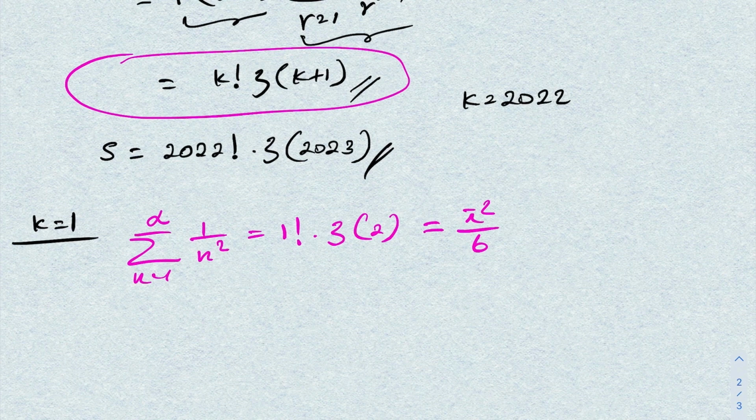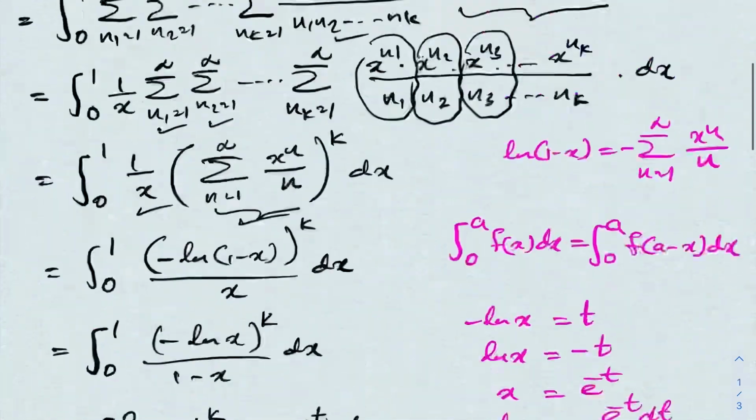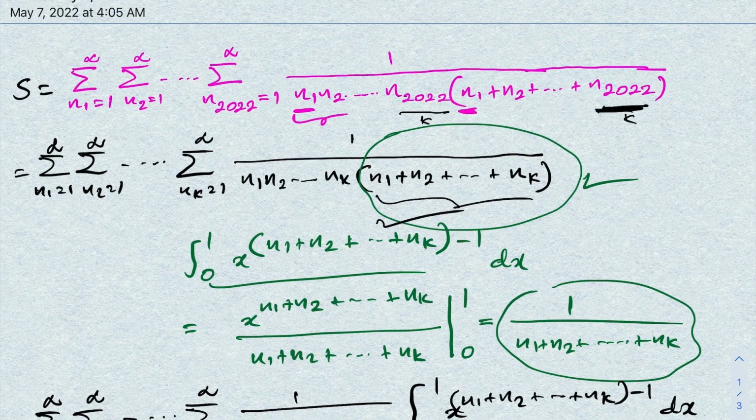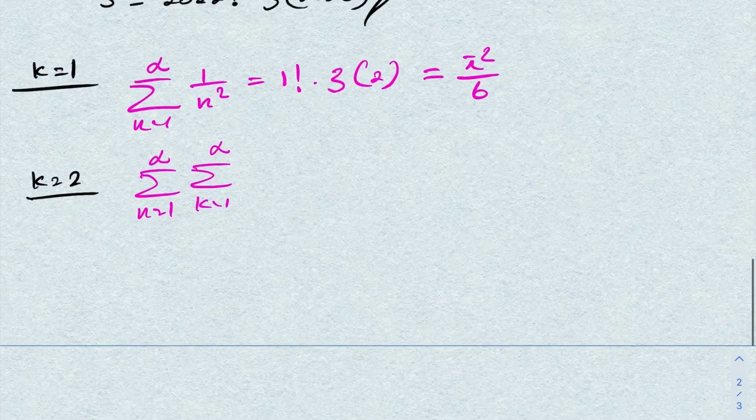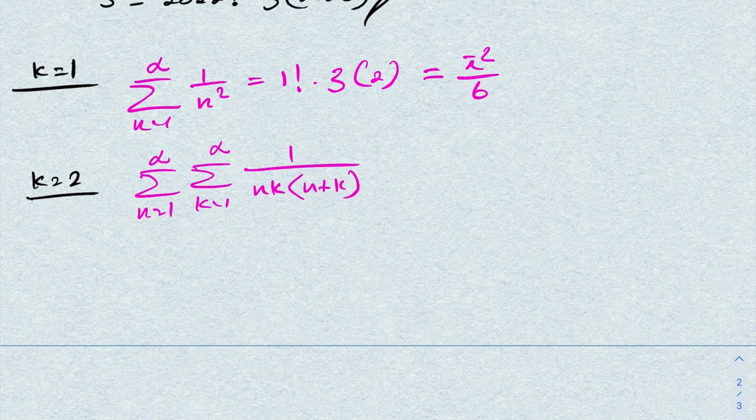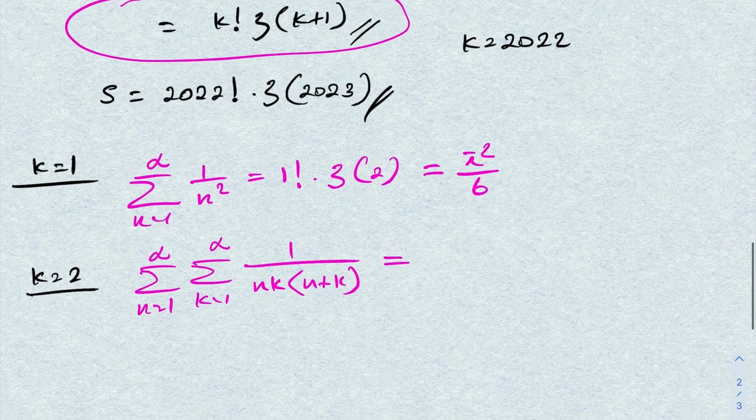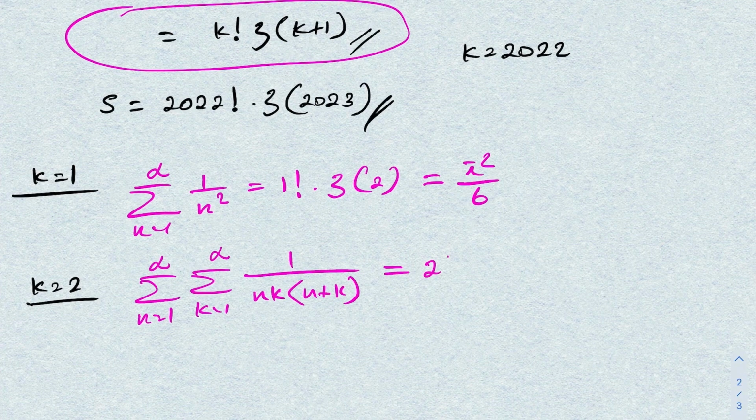Then when k is equal to 2, we have 2 series. So n is equal 1 to infinity, and k is equal 1 to infinity, and the terms are n and n plus k. So we have 1 over n times k, times n plus k, and by the generalized answer with k equal to 2, we have 2 factorial times zeta of 3.